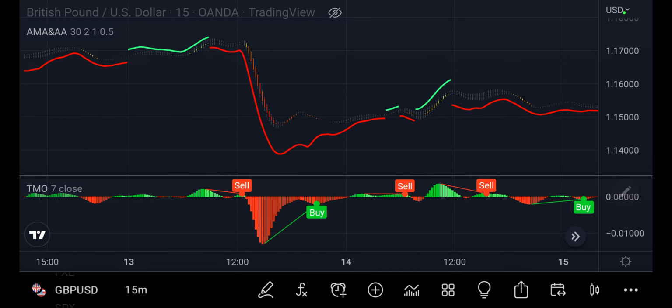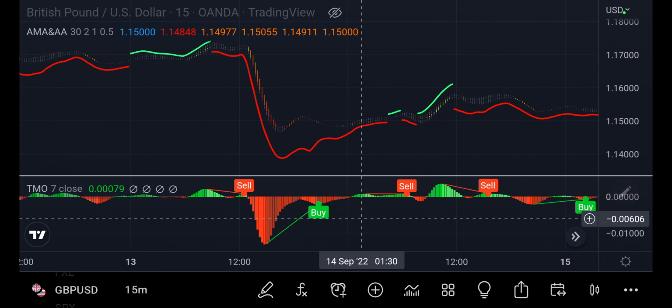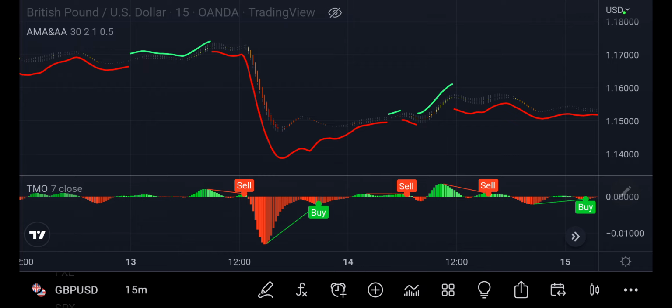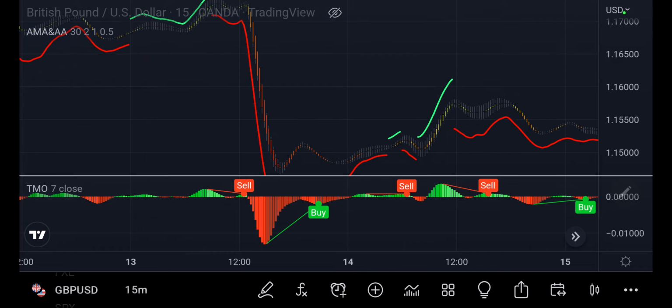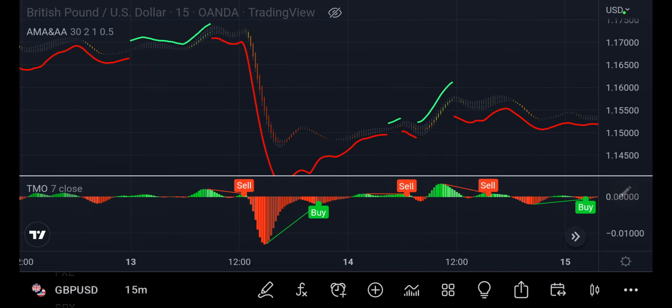Come on guys, I believe it's so perfect. I'm just wondering how it is showing very good signals. Take a look here guys. Definitely it's a probability game, and you're going to win some trades and some are going to be stop loss, so you have to be ready for that.